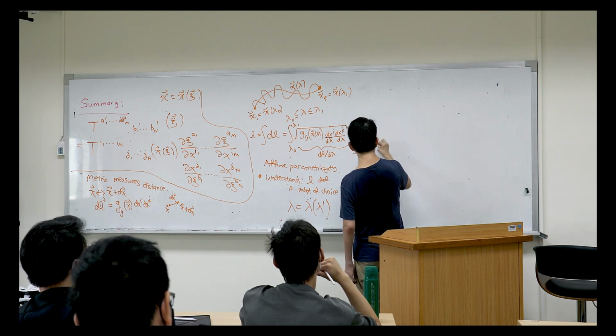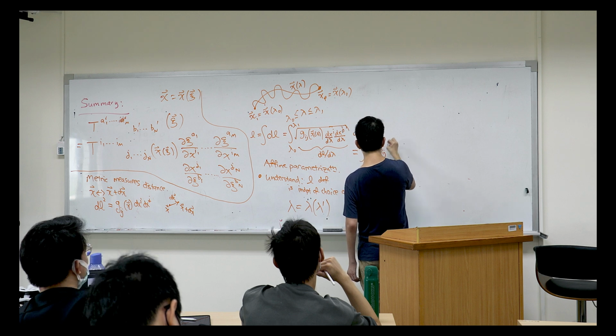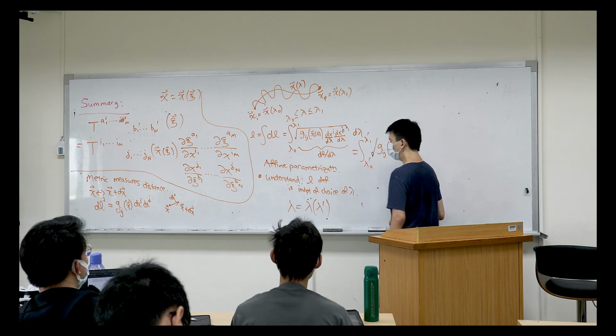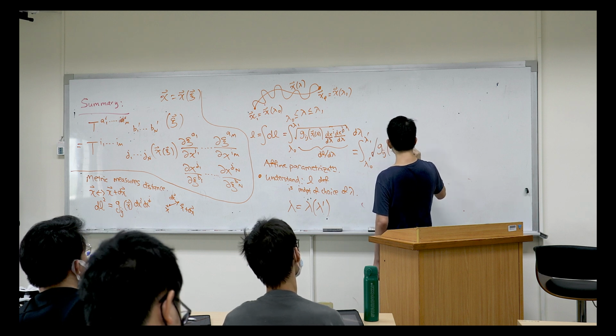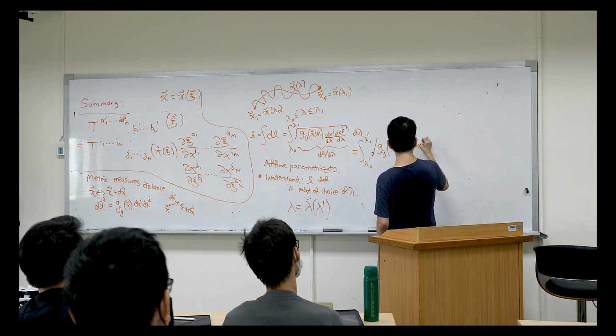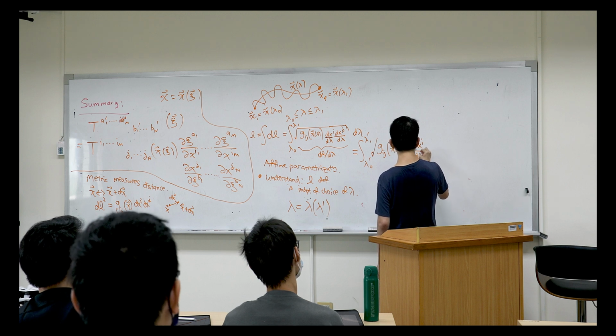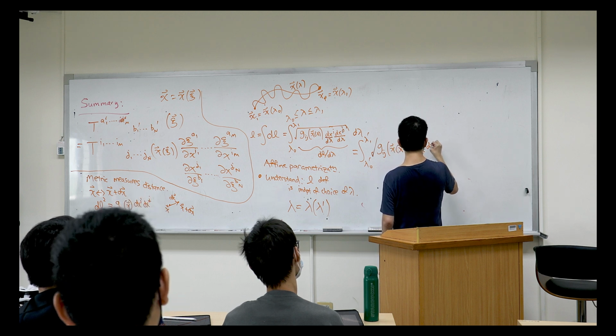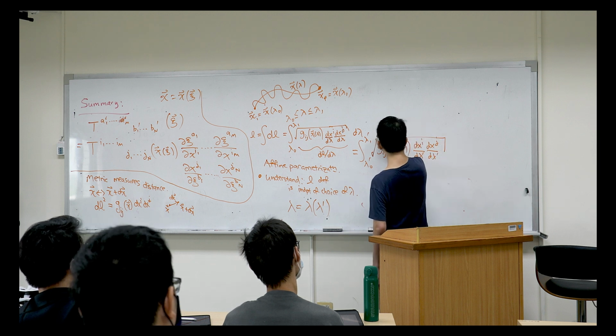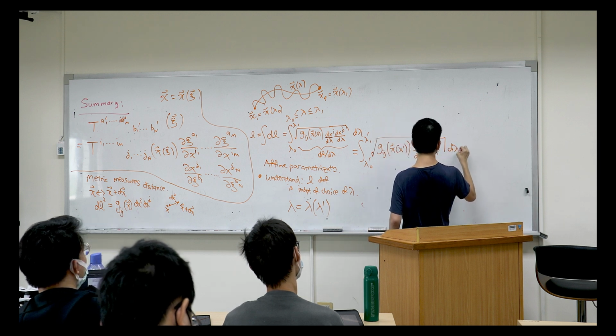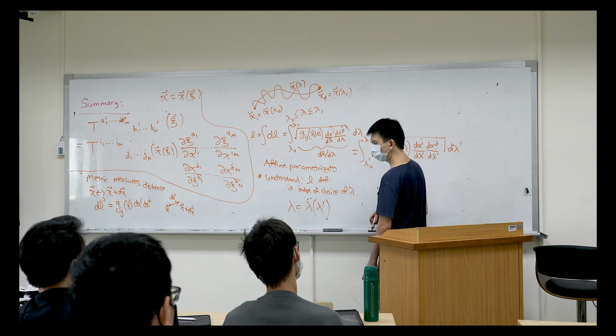But then the rest will just be exactly the same. g_ij, I assume you now know what x is in terms of the new coordinate lambda prime. And then you'll have dx^i over d lambda prime, dx^j over d lambda prime, and then d lambda prime. So you see, I didn't have to think.